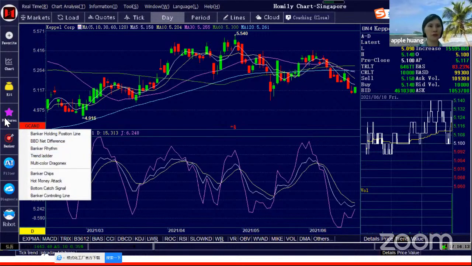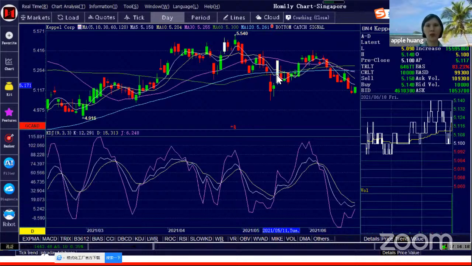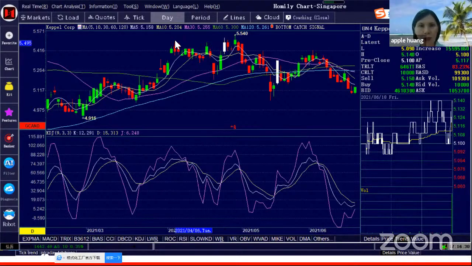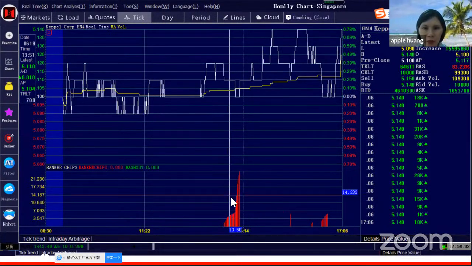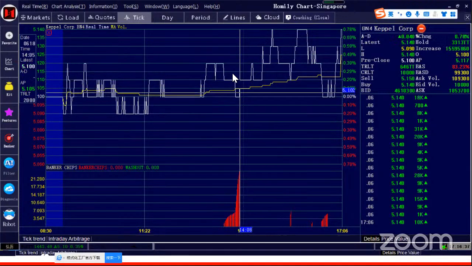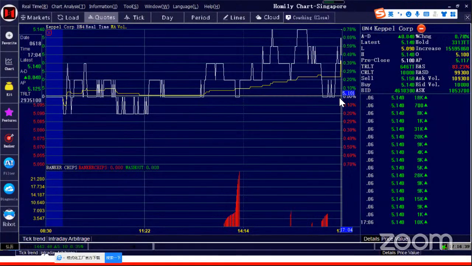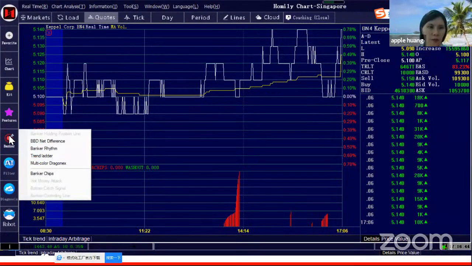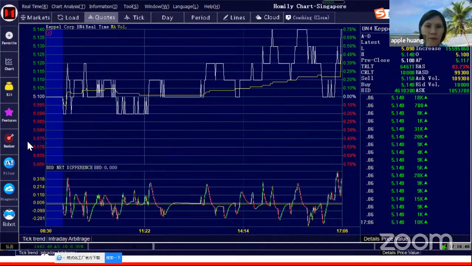Probably once the bottom catch signal appears, you might buy. But from the tick chart, you can already see banker chip absorbing the stocks even faster than the bottom catch signal. So you can change to BBD.